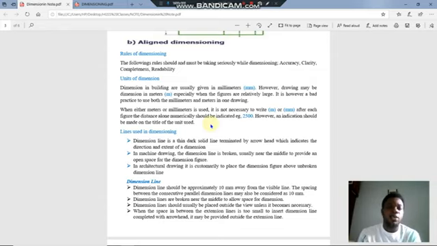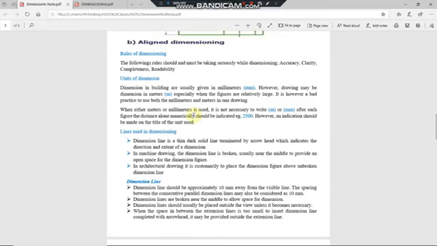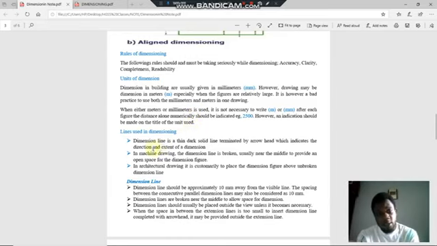Lines used in dimensioning, we've looked at that before when I talked about the dimension line. The dimension line is a thin, dark, solid line terminated by arrowheads, which indicate the direction or extension of the dimension.